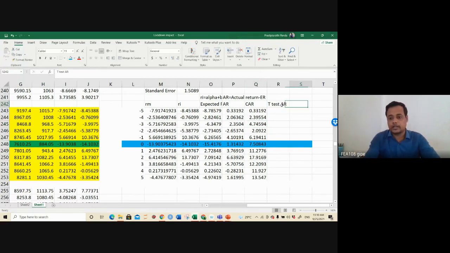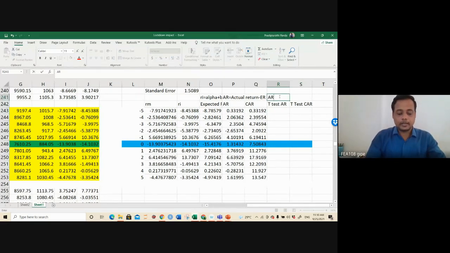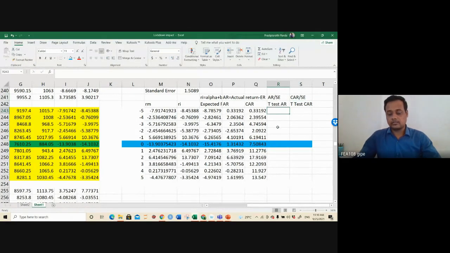Now t-test for AR, t-test for CAR. What is the t-test formula? AR divided by standard error, and here CAR divided by standard error. Okay. All of you are following me?